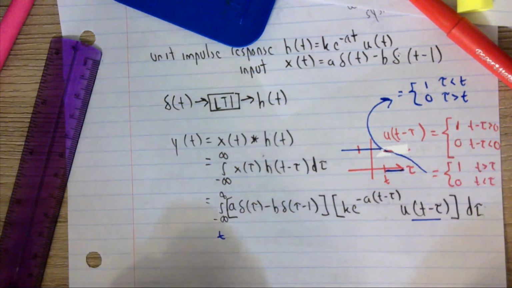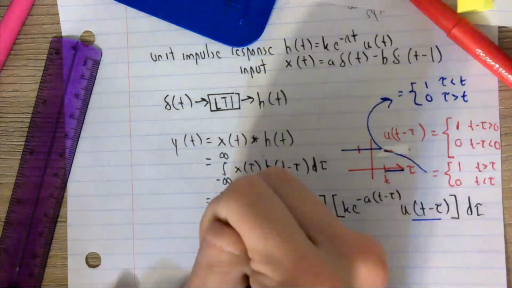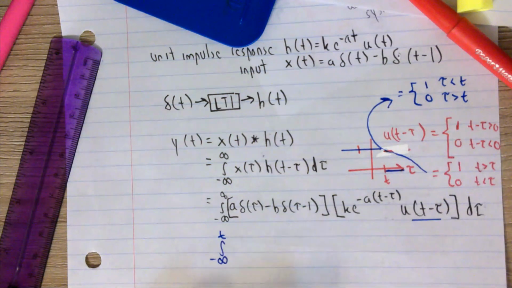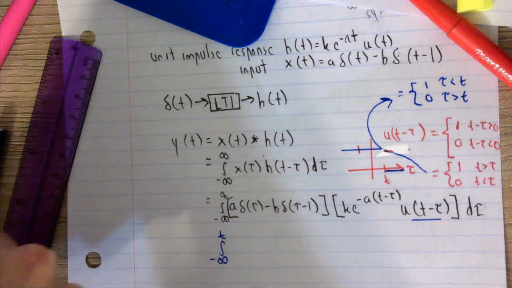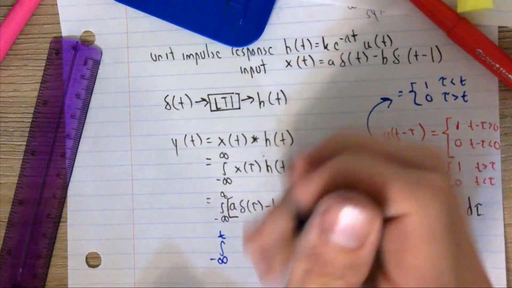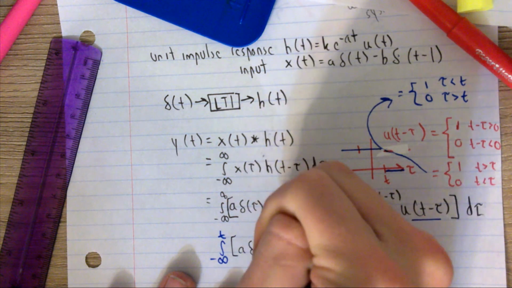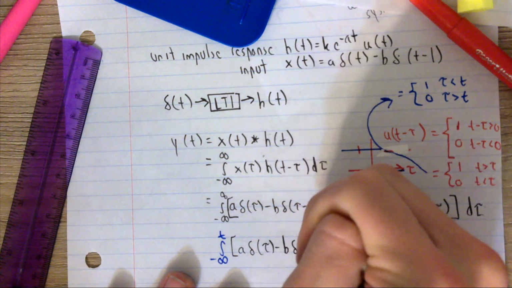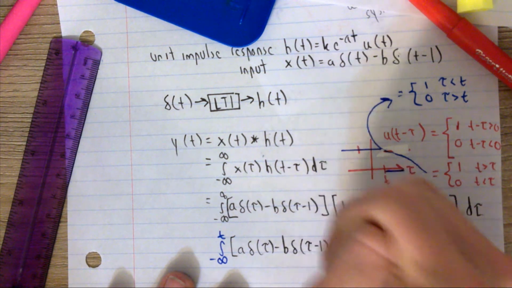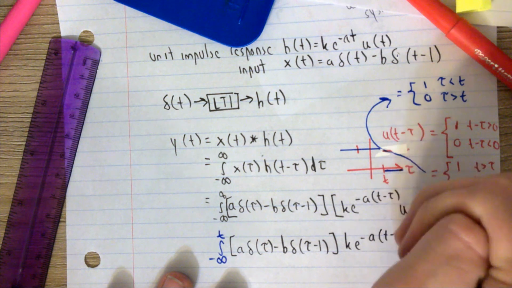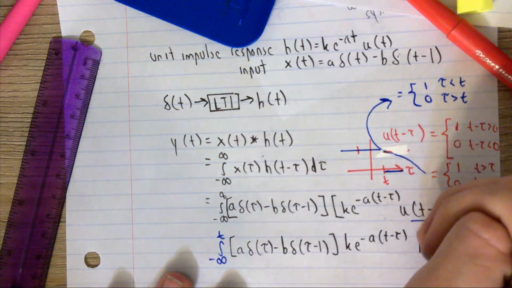Then the integral is from negative infinity to t, and the rest of it still stays: a delta tau minus b delta tau minus 1 times k e to the negative a t minus tau d tau.